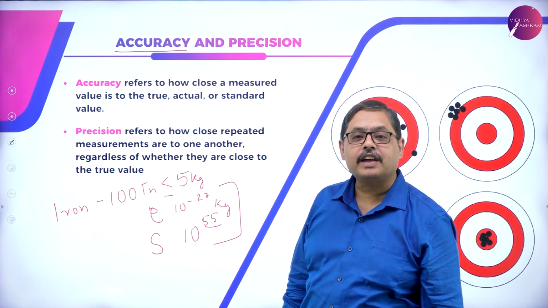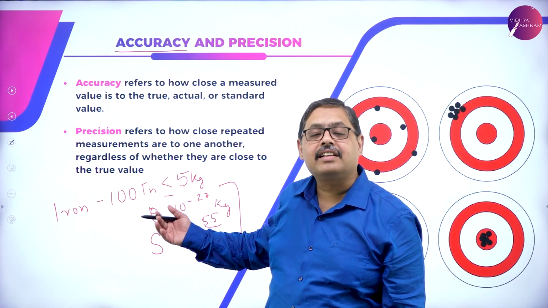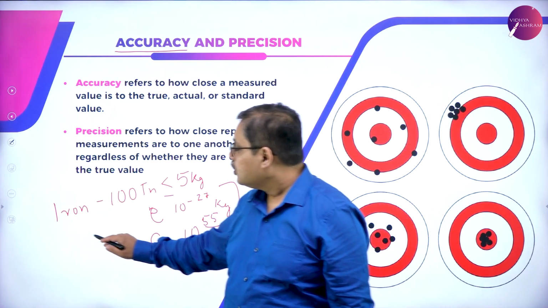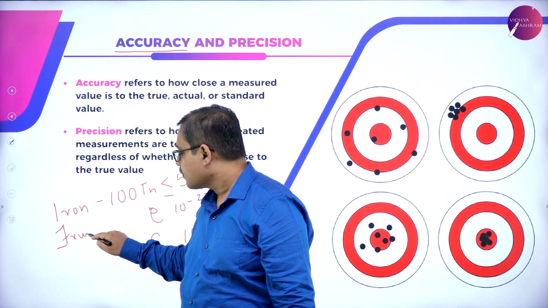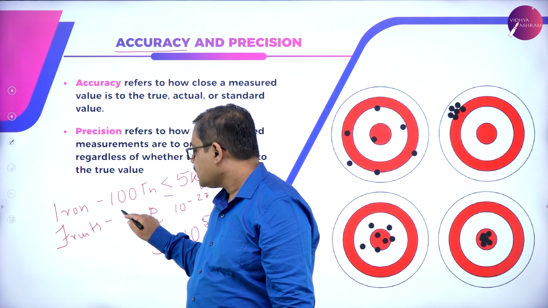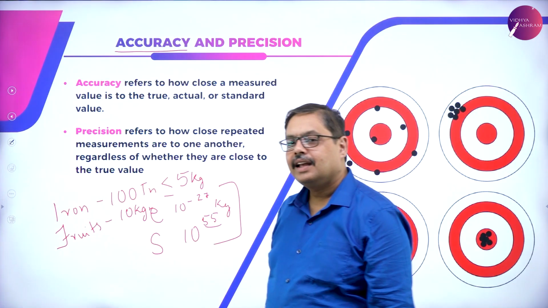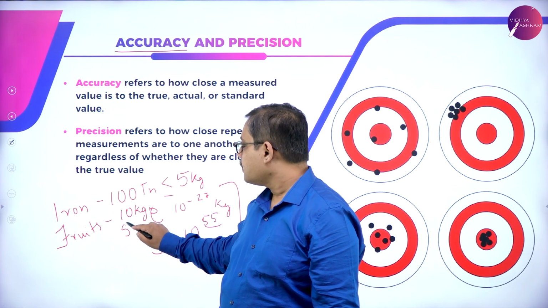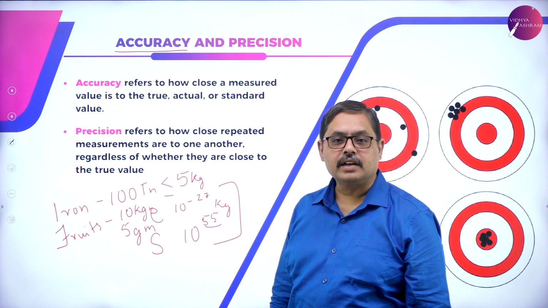If the variation is 5 kgs, will not be bothered because you are weighing 100 tons. Suppose scenario 2, you are purchasing some fruits or vegetables for your house. Say suppose you are purchasing 10 kg of fruits. If the variation is 5 or 10 grams, you will not be bothered.